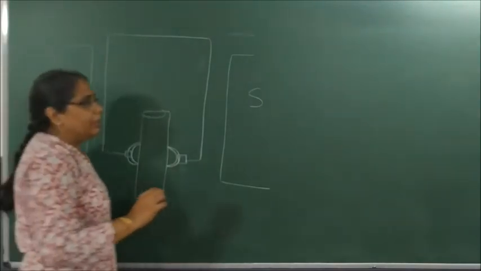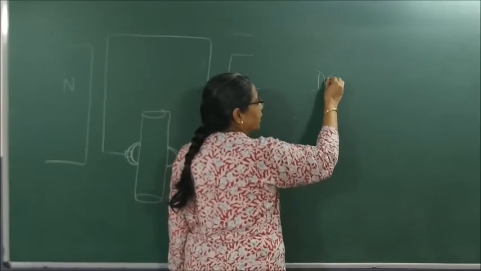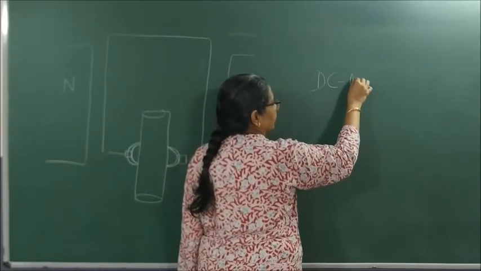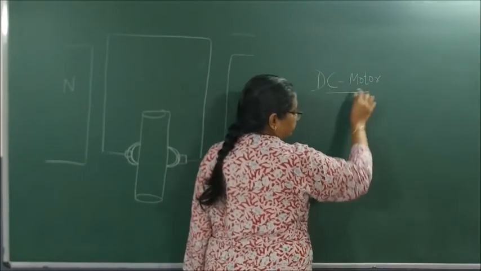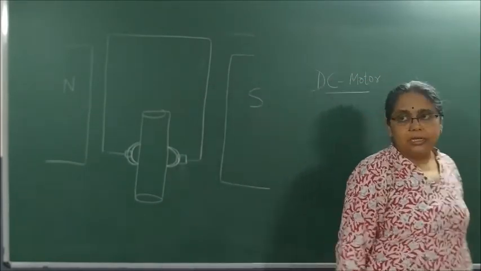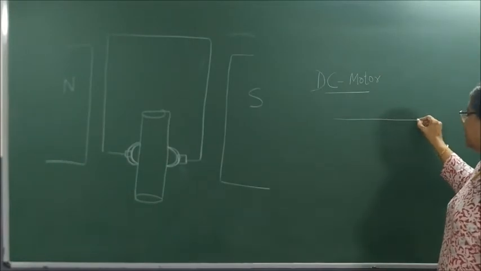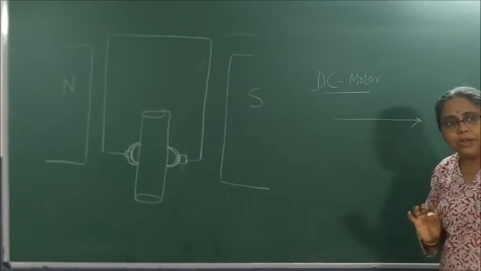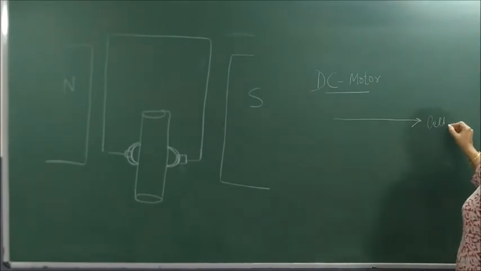Now what is split ring and slip ring? Okay. Because it has been deleted, I will still teach. If I use a DC motor, DC means direct current. What is direct current? A direct current is a current which does not change its direction at any interval of time. The current which is generated by a cell or a battery is what current?